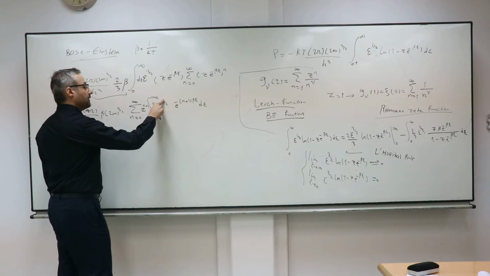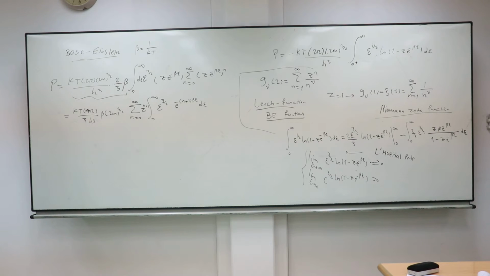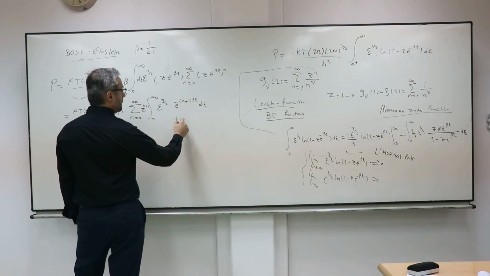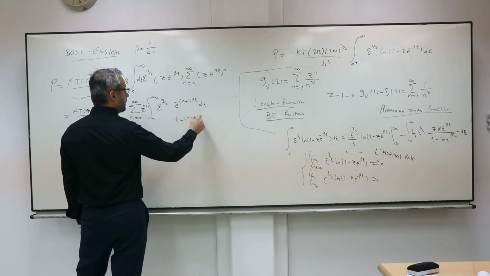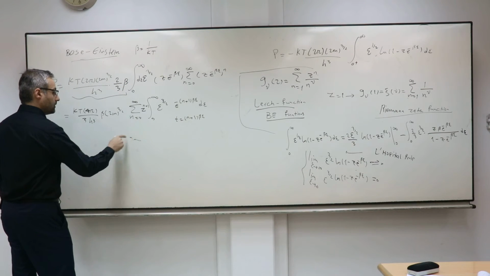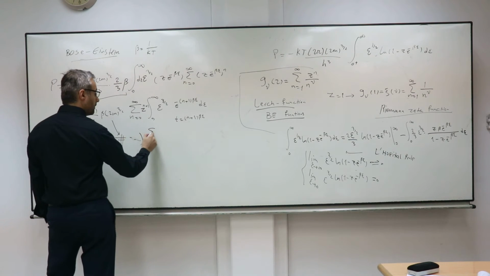Look at that. What is this integral again? Again, you change the variable from E to t, like what I did before, take t = (n+1)βE and do the same as I did in the past. So you will have this coefficient. I don't want to write it, you can repeat it.